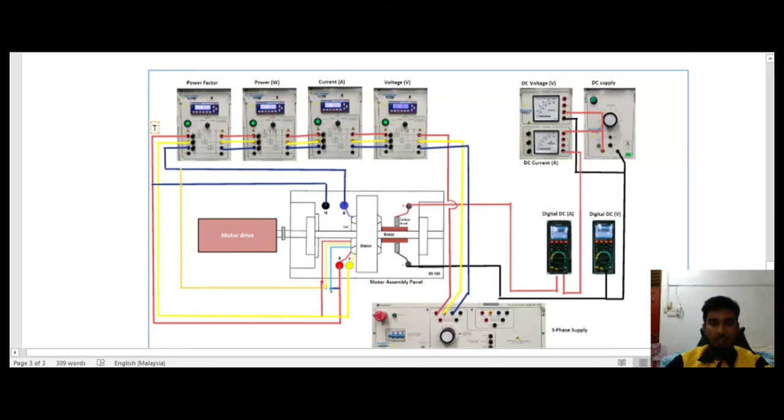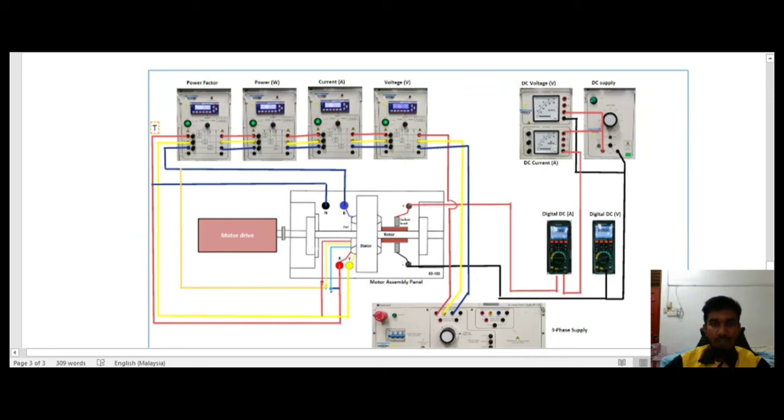Then the operation of this overall system is as follows. Firstly, we turn on the motor drive, which is supplied from the DC supply. When the motor drive achieves 3000, we can turn on the AC supply to supply the stator and rotor parts. Turn on both the DC supply and the AC three-phase supply, which is the delta connection.